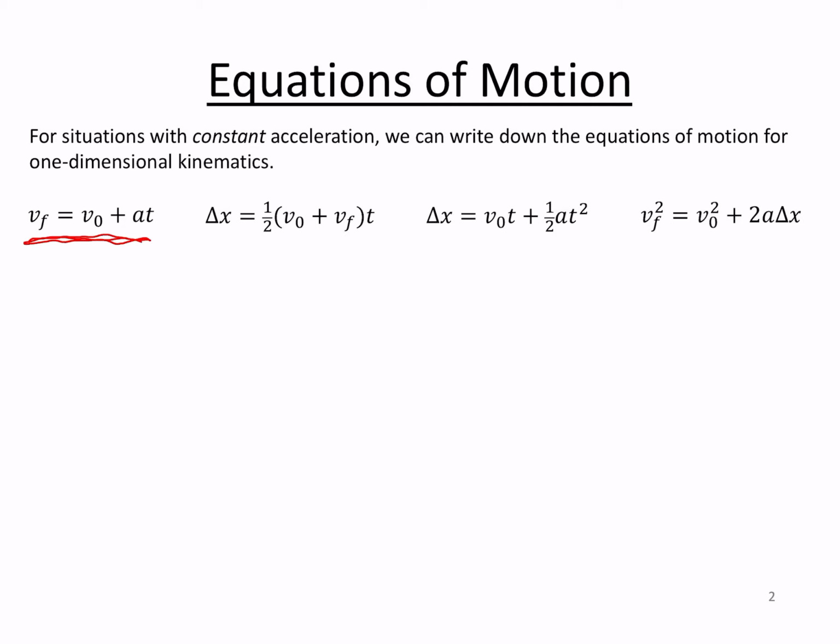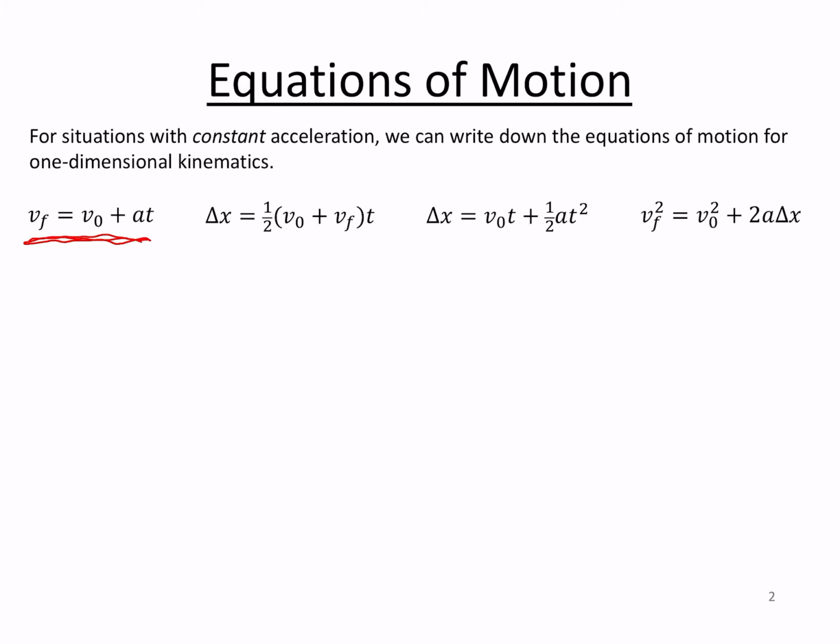But a couple of the others might look a little more esoteric, and we're going to step through the basic algebra of figuring out how these things must be the case. And for those of you in my Physics 200 class, engineering physics, we'll go a little more in depth in a future mini lecture as well to show how these are related to the calculus definitions of and relationships between position, displacement, velocity, and acceleration.